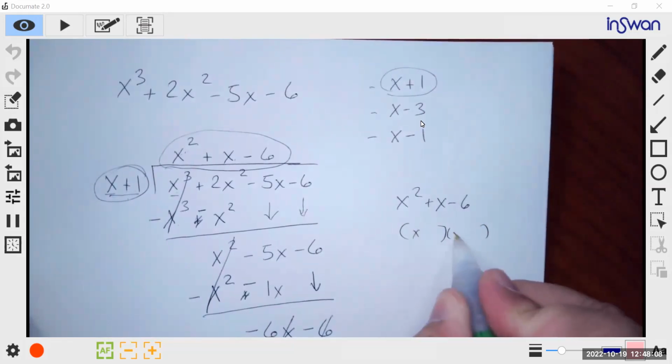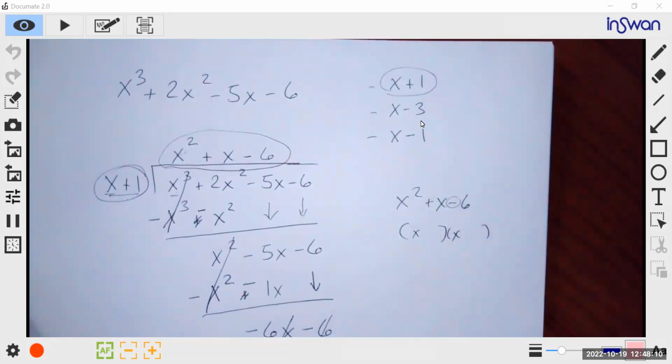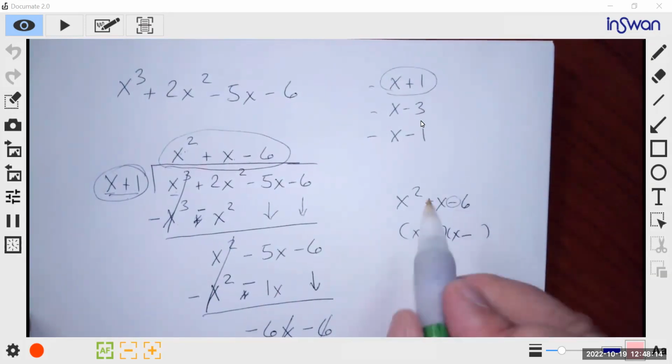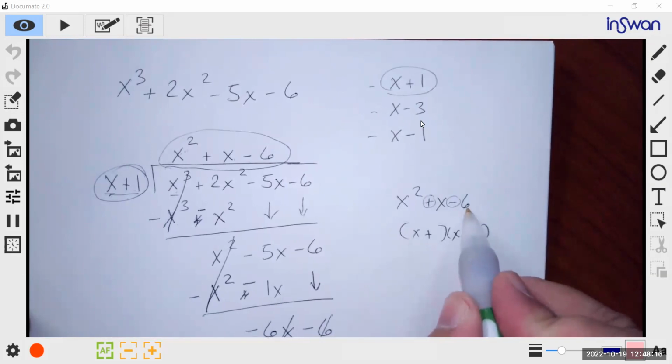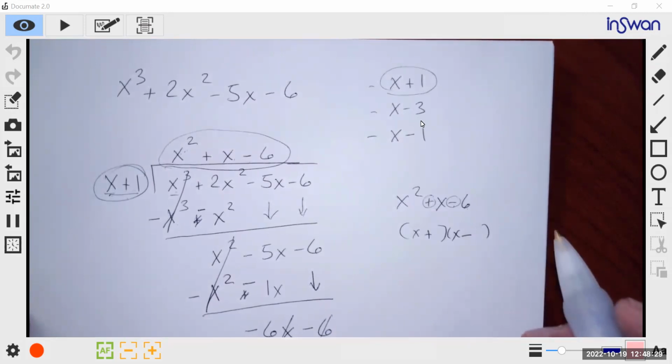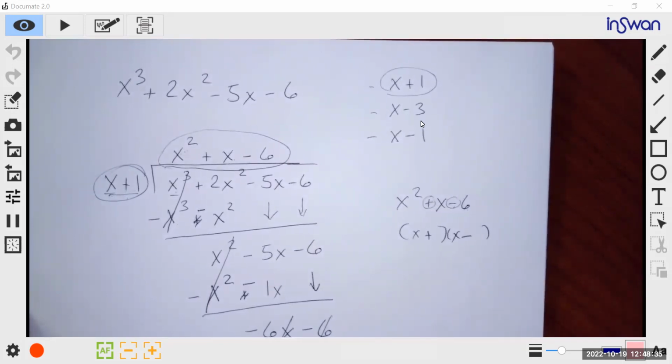So x and x. This one says they're opposite signs. The bigger number is positive. What times what is 6 when you subtract them, you get 1? Give me some numbers that equal 6 when you multiply them. 2 times 3, 6 times 1.